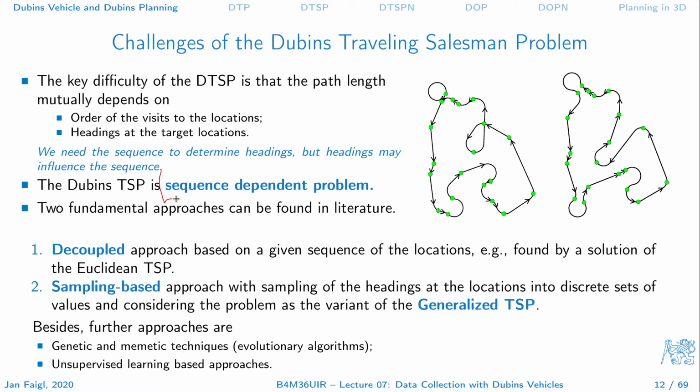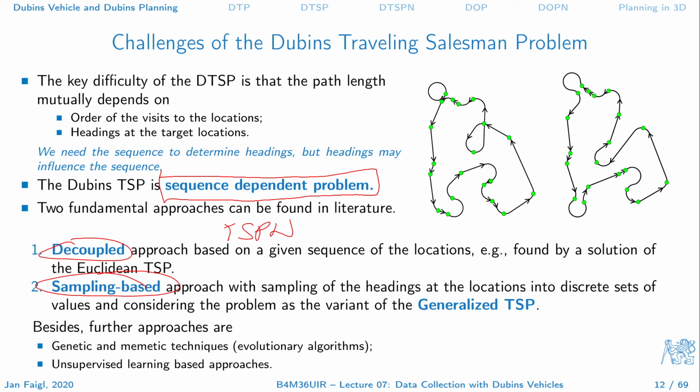So we call this problem sequence dependent. And you can find in the literature 2 fundamental approaches, the decoupled approach and the sampling-based approach, which is actually very similar to TSPN. But of course, if your sequence is found independently, and as you previously saw in that cartoon, depending on the turning radius, it can be very, very poor.